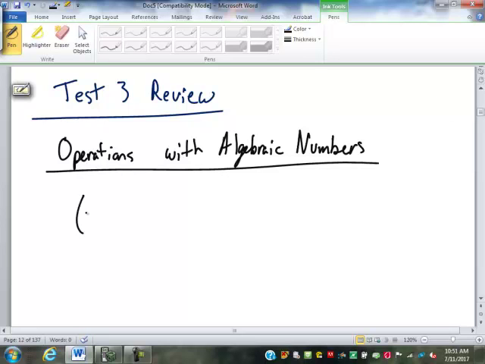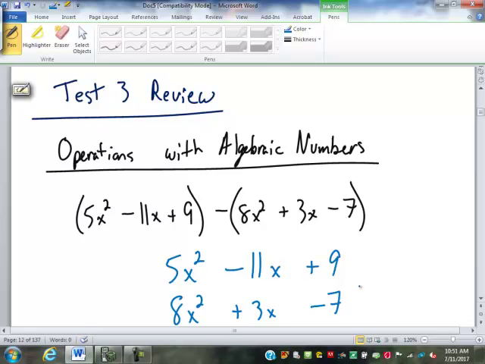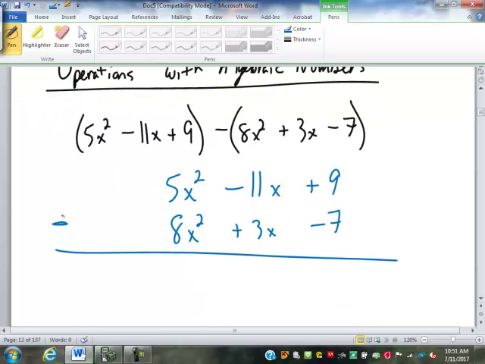Well, things like 5x squared minus 11x plus 9 minus 8x squared plus 3x minus 7. So we set it up just like we would whole numbers, but we are subtracting here. Remember, be very, very, very careful with the negatives. So we are subtracting. So this is 9 minus a negative 7.